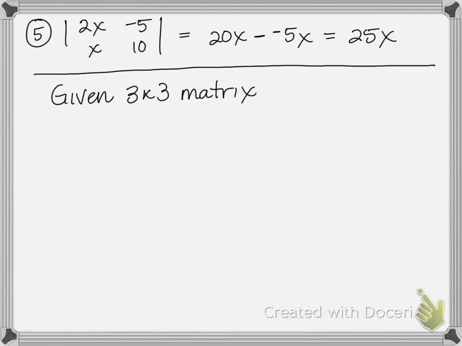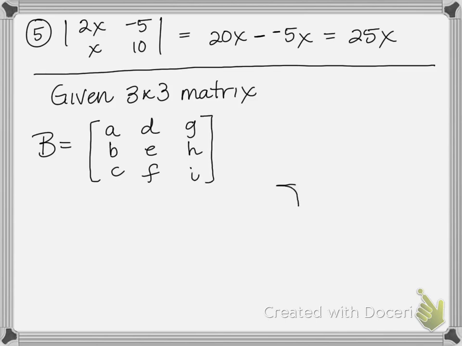Okay, so let's call it matrix B. And let's say matrix B looks like this. A, B, C, D, E, F, G, H, I. And I'm asking you to find determinant B. All right, so in this case, you are going to have a different type of approach.